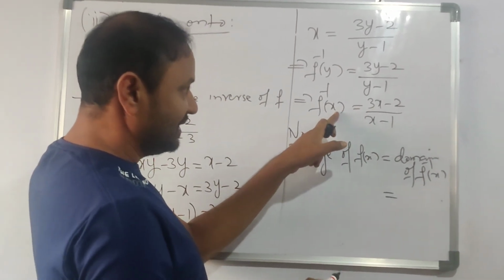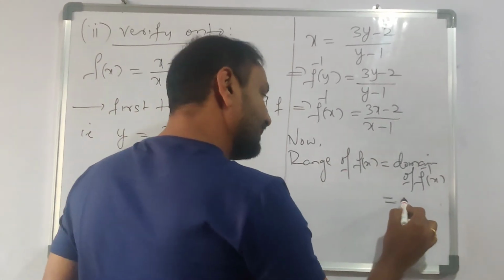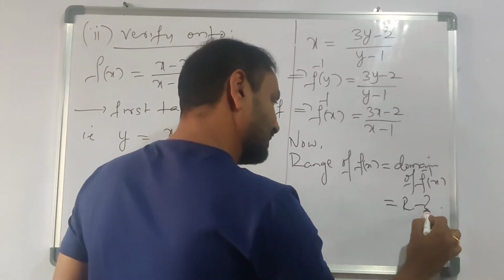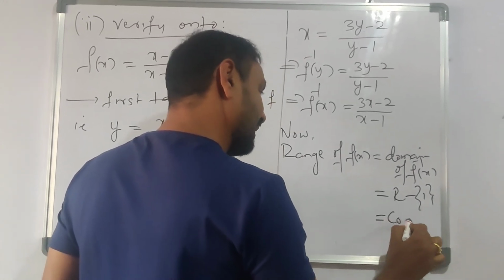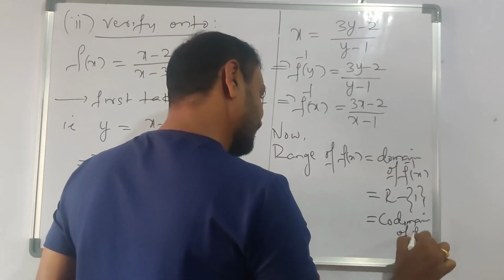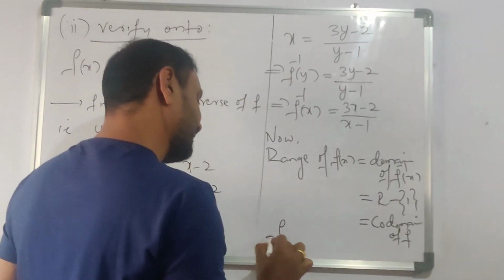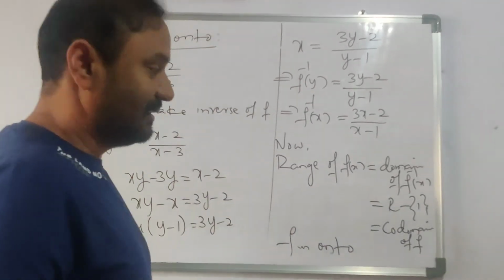Clearly f inverse x is not defined at x equal to 1. So that's why R minus 1. This is equal to the codomain of f. So f is onto. Clearly f is 1-1 and onto.